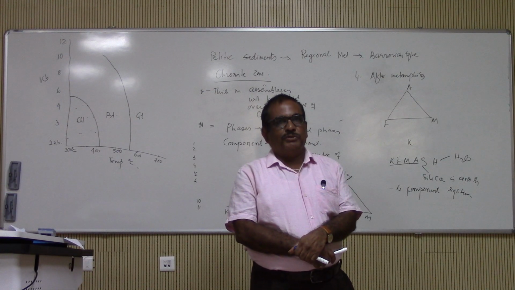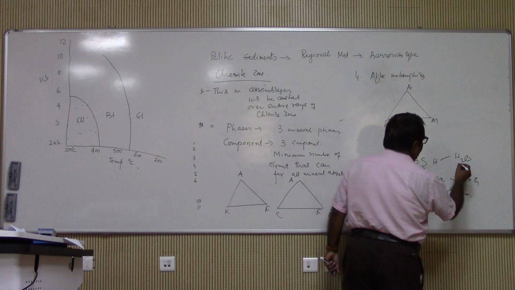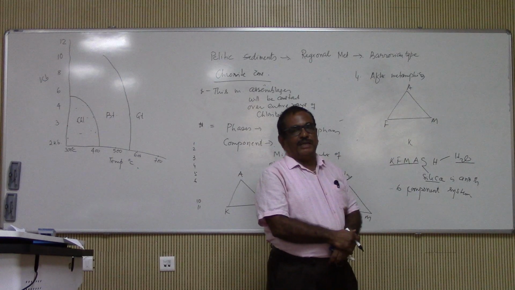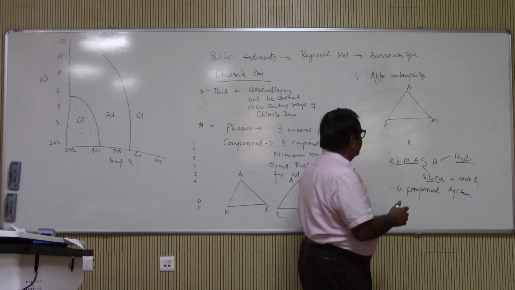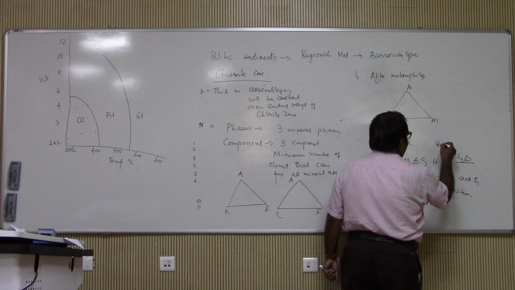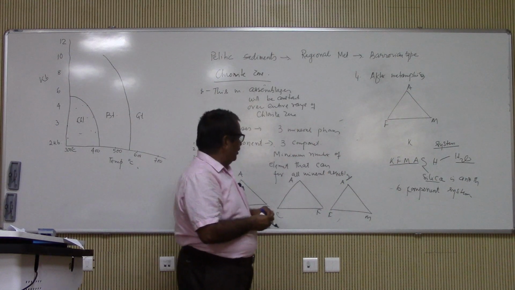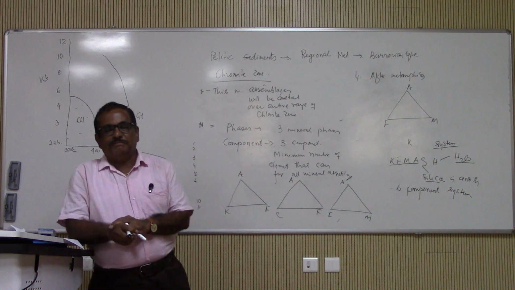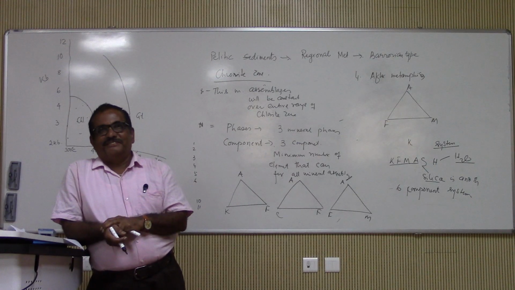But sometimes we require the role of silica, role of water in the mineral developments. That is why some people consider the KFMASH system. But for our discussion, we will only consider these 3 or 4. 3 component system and 3 phase system.